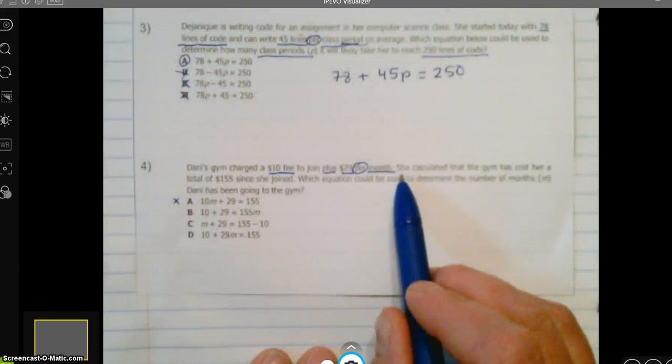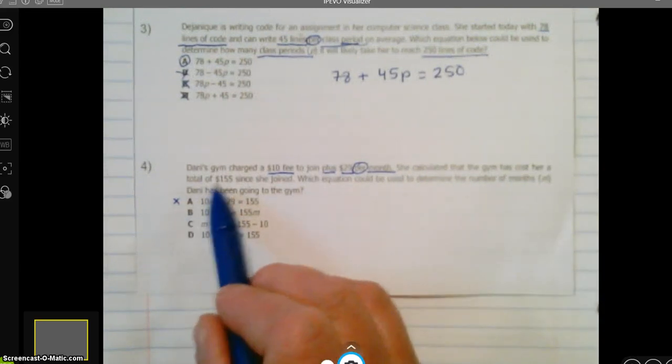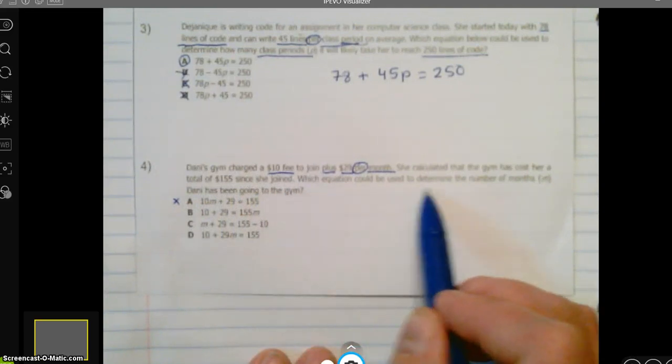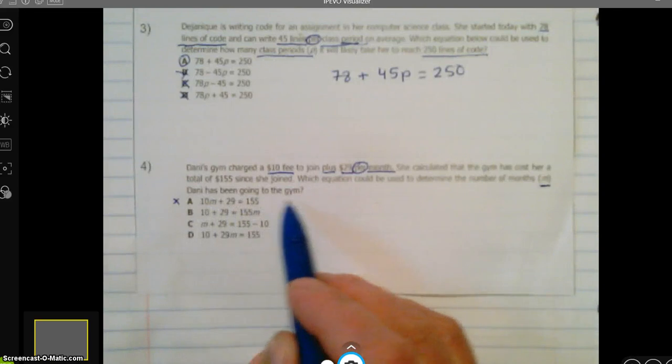Let's look. She calculated that the gym has cost her a total of $155 since she joined. Which equation could be used to determine the number of months, there it is, M, Danny has been going to the gym? So, a couple of things.